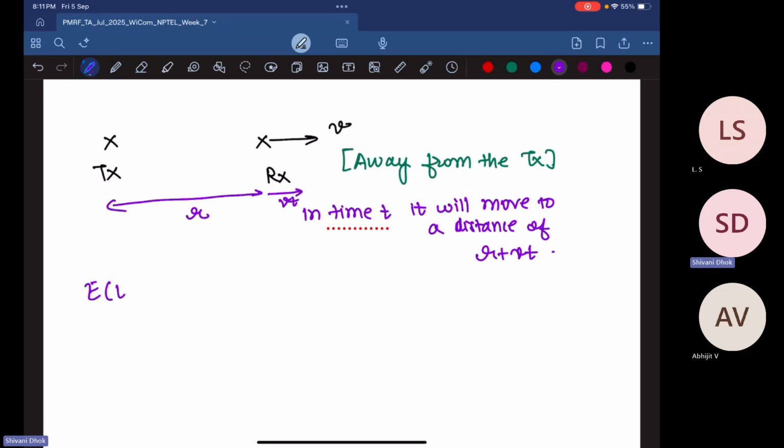Your electric field at time t, if you're transmitting a cosine waveform, doesn't matter, will be some alpha over r plus vt into cos of 2 pi fc times t minus your delay, that is r plus vt by c.